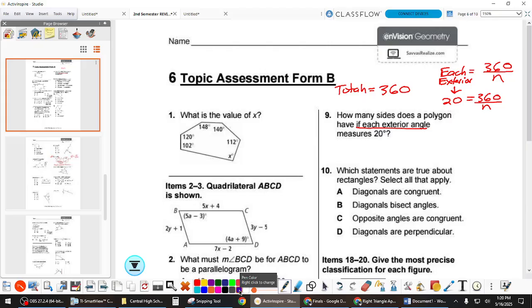Does that make sense? n is trapped down in the denominator, so let's get it out of there. We're just going to multiply n by both sides. So then we get 20n equals 360. Now what? What is that, 18, I think? Not degrees, but 18.